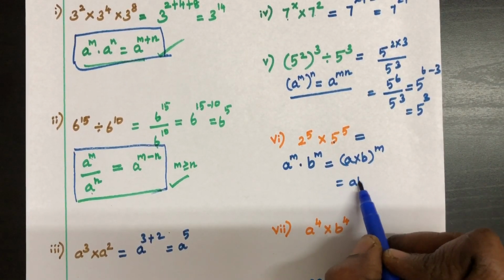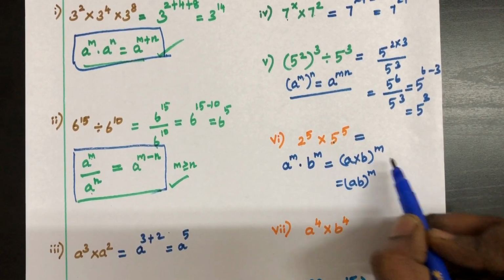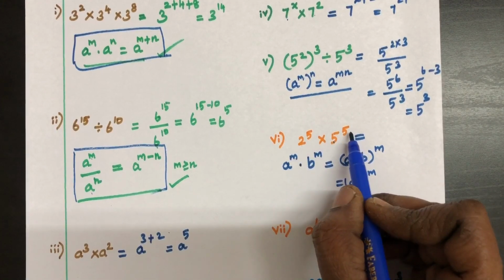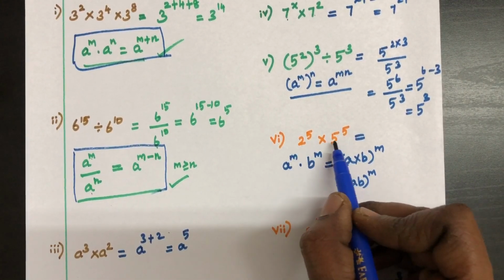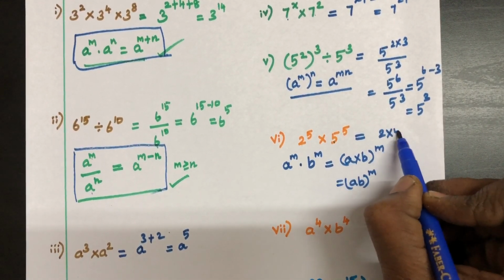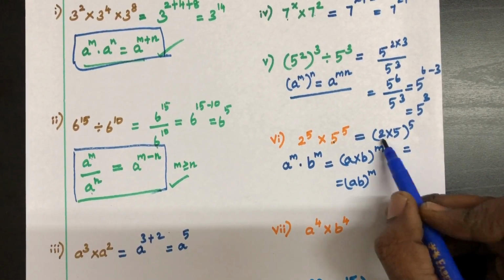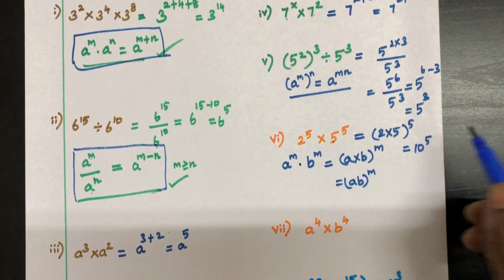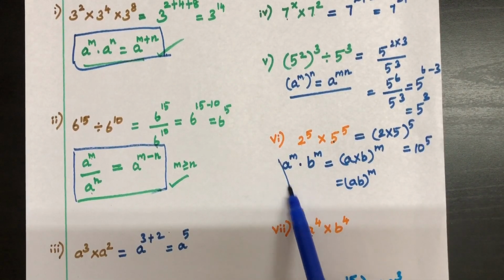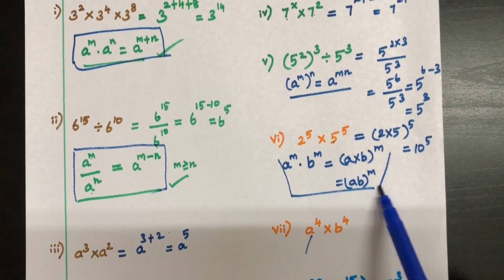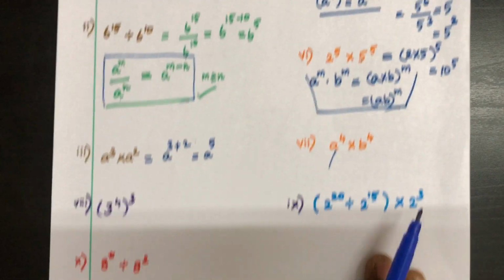That means ab the whole power m. Here powers are equal, so we can multiply the bases. 2 into 5 the whole power 5. So this gives us 10 power 5 as the answer. This is another formula.